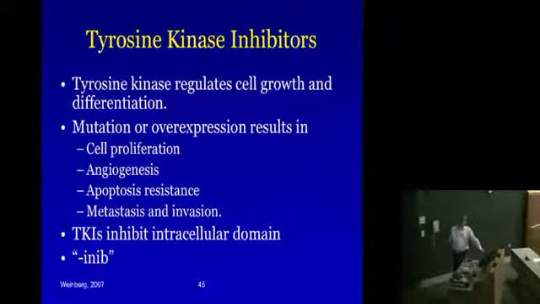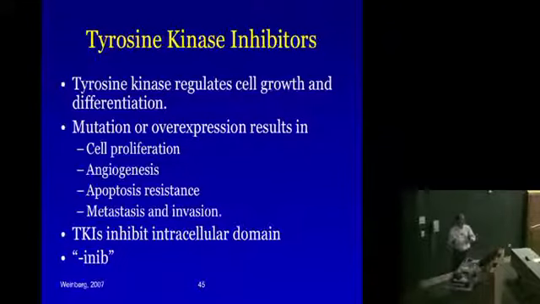The other group of drugs which are oral agents are tyrosine kinase inhibitors. And these regulate cell growth and differentiation. And so essentially what happens is you have mutation or overexpression of certain receptors which cause cells to proliferate, angiogenesis, resistance of cell death, they metastasize, they invade, and what you try to do is you inhibit the intracellular domain, which essentially turns the cell on.